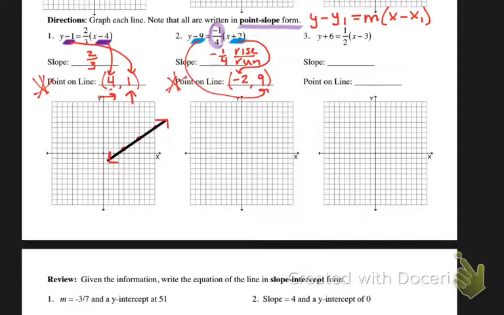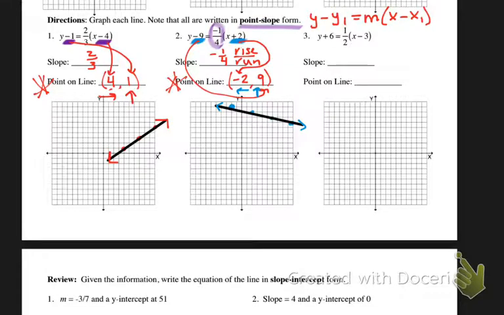Make sure you plot the point first. Always do slope last. So from the origin, I need to go to the left 2 and up 9. There's my blue dot. Now we do rise over run from that point. So go down 1 over 4, down 1 over 4. Once you have a couple points, you can connect the dots and draw your arrows.